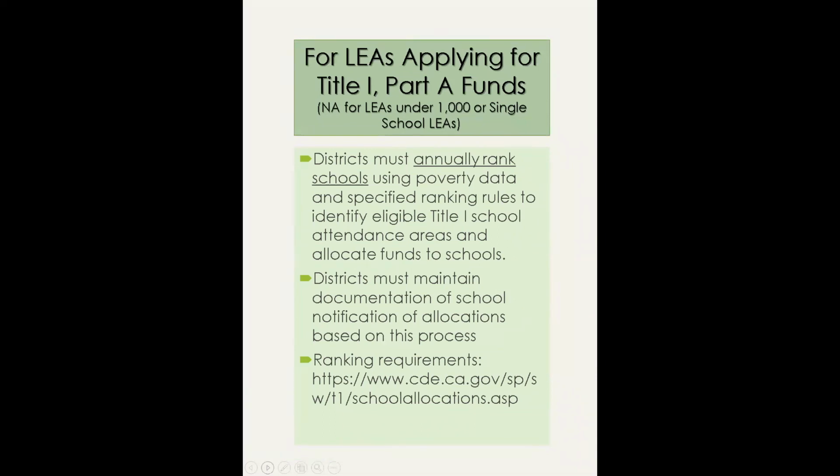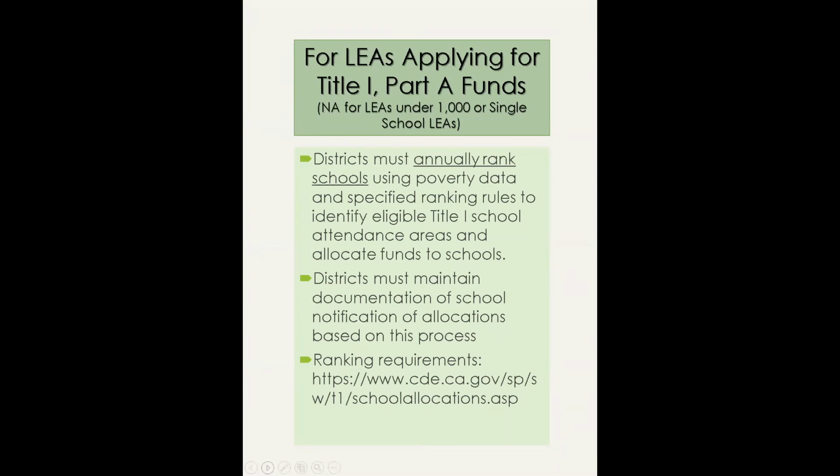If you're applying for Title I funds and you have 1,000 or more students and you have multiple schools, okay? If you have under 1,000 students and you're a single school LEA, it doesn't apply. That's most charters, so you're going to see the word district here a lot because charters generally are single schools. You don't have to rank them. But for districts, you have to annually rank your schools based on poverty data, and there are specific ranking rules that you need to follow.